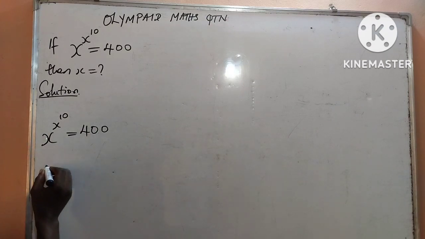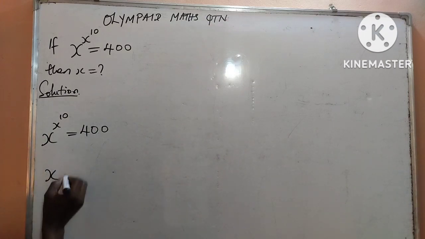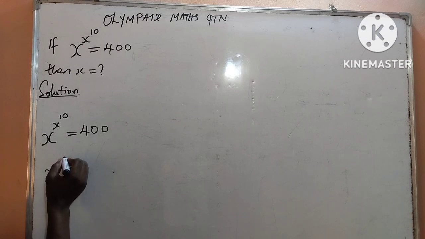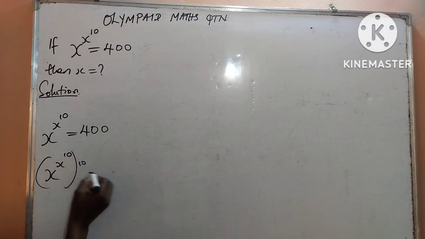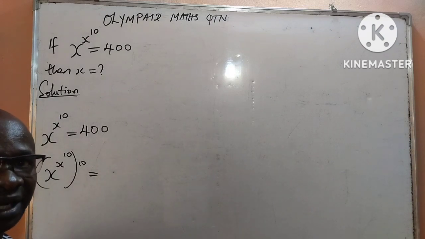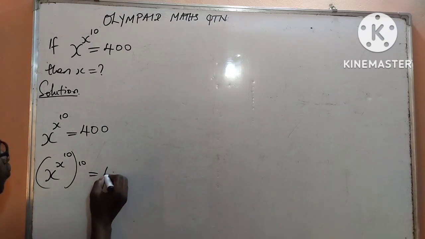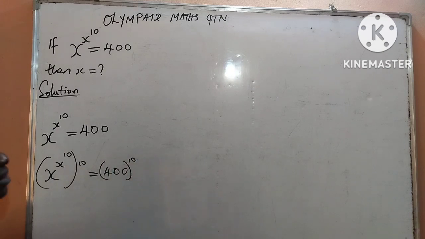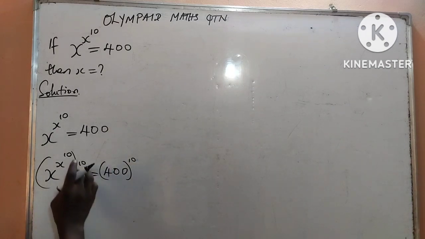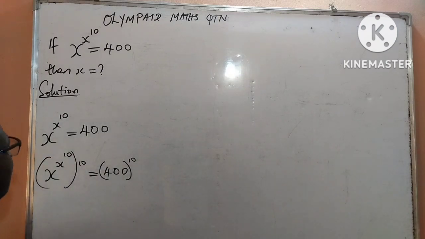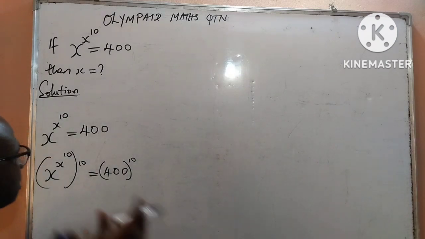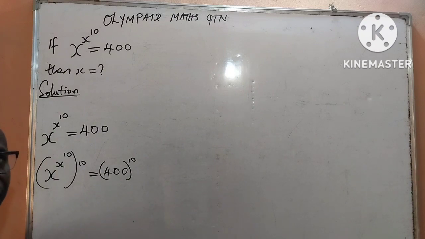And that means I will now have x to the power 10 multiplied by 10 on the left, and on the right I will have 400 multiplied by power 10. So I am multiplying the exponents by 10 on both sides of the equation.